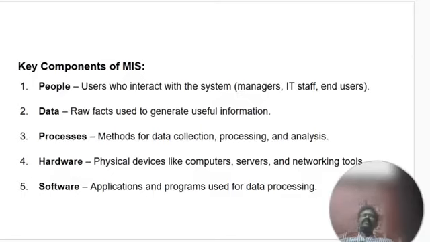If you are using a process which gives answers to particular questions through a system, that is called applications and programs used for data processing. By giving applications through a program, we do some type of processes. That is called data processing.